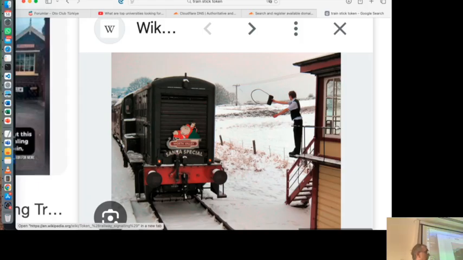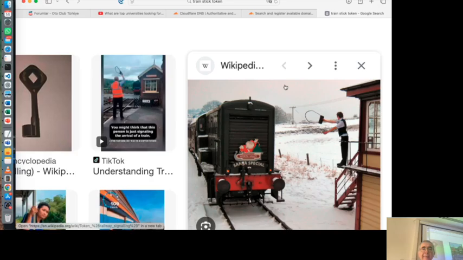Okay, so if he has it, he can move forward. If he doesn't, he should stop and wait for the guy. Wikipedia says sometimes they used people as the tokens.